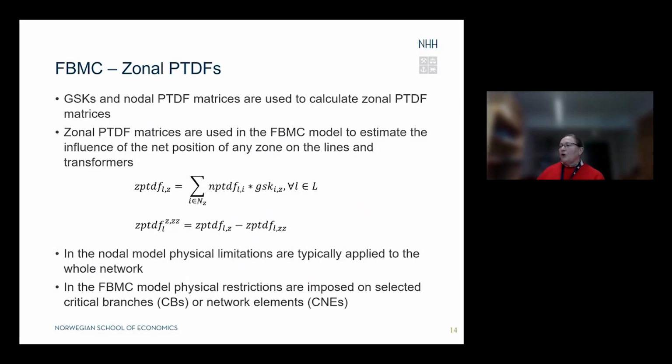And that is what goes into these formulations. When we are using the nodal pricing model, typically we have physical limitations to all the elements in the network. In the FBMC model, traditionally, we are selecting critical branches or critical network elements.